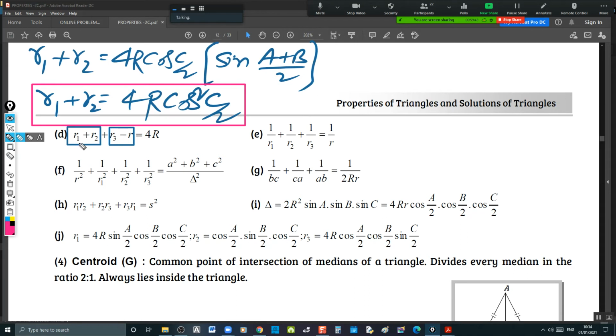Similarly, R1 minus R can also be remembered. Anyone, what is the common term you get like this? Anyone in the class, please respond, I'll write that. R1 minus R, if you apply the sine cos formula for this, what is the term you get common?